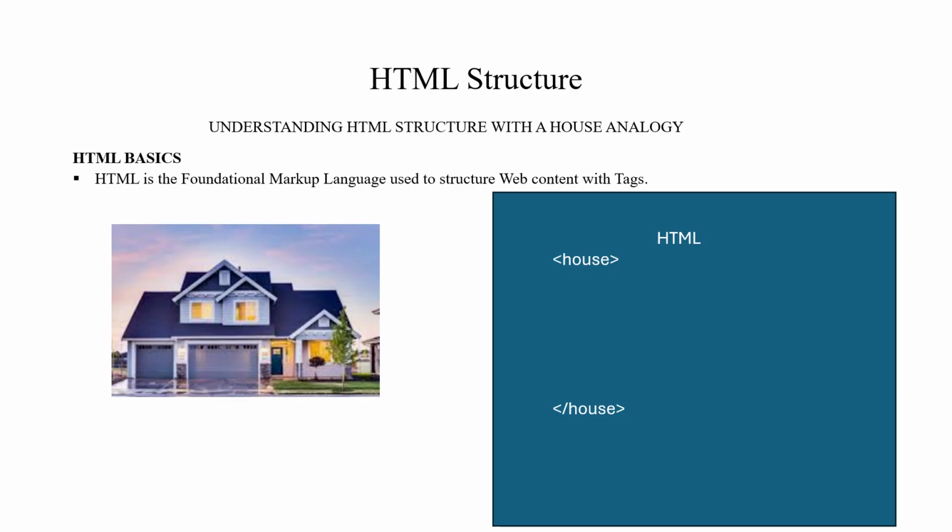HTML basically contains a tag, here the house tag. You use an open angular bracket and a closing angular bracket, and in between you write the element or word you want to represent, which in our case is house.